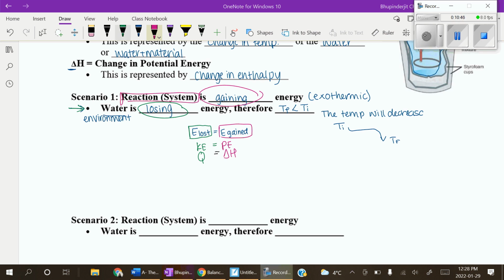Okay, so basically we can either say that the water or the water plus material are going to decrease in temperature.